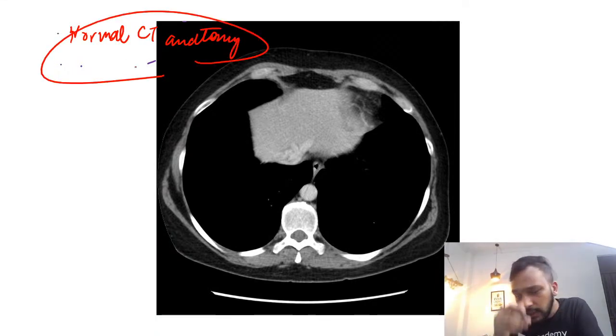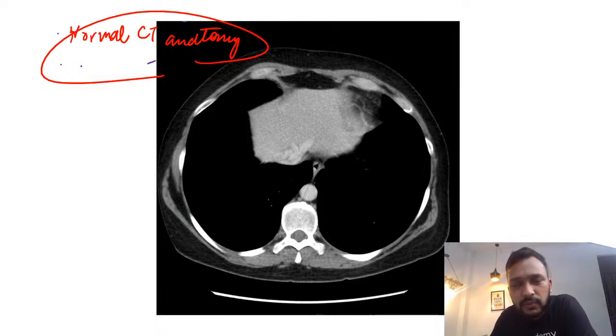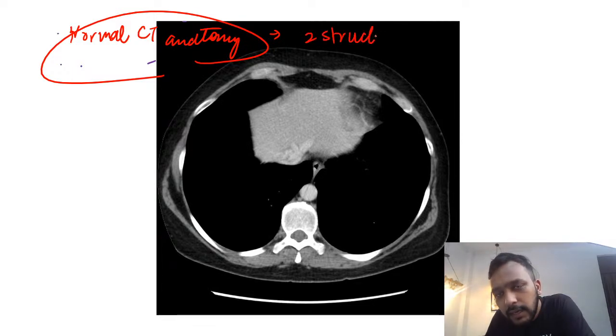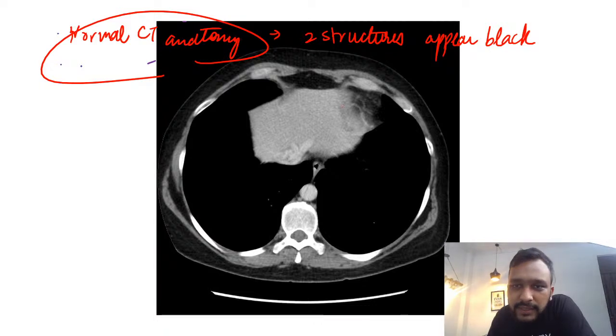Okay, so before I begin with the normal CT anatomy of the abdomen, let me tell you guys, there are two structures which are going to appear black on CT. So remember these two structures.